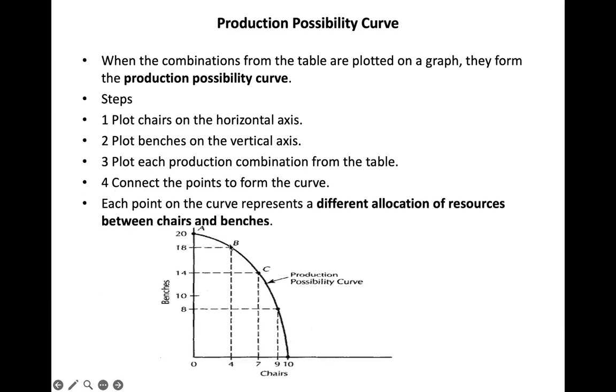When we are moving from A to B, additional chairs require giving up only a few benches. But as chairs production increases further, we must sacrifice more and more benches. So this pattern is called the law of increasing relative cost.